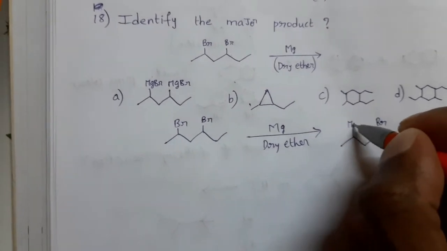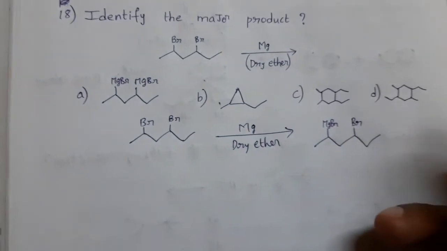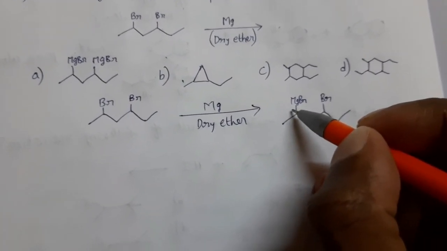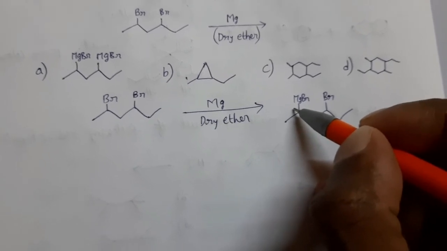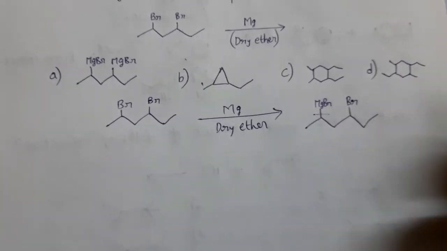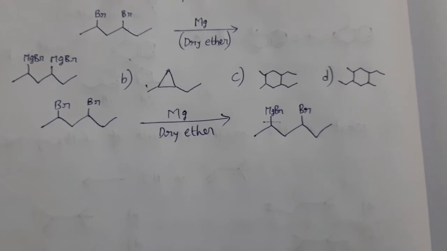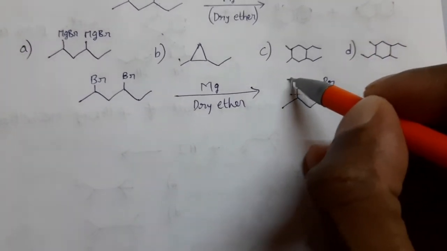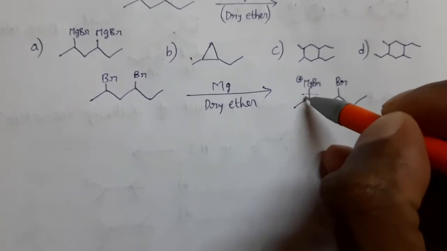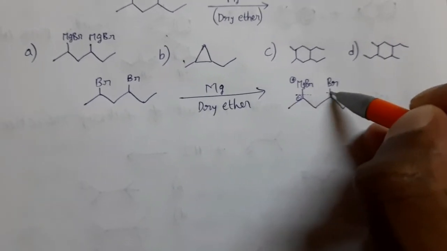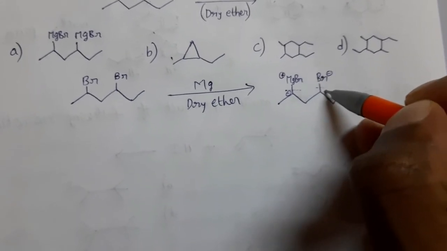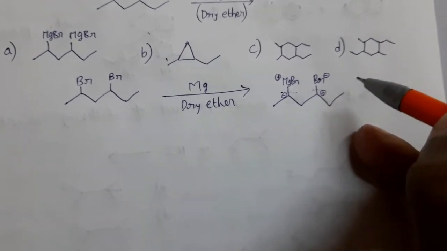Now the bond between carbon and magnesium is a polar covalent bond, and the polarity is high because the electronegativity difference between carbon and magnesium is large. Here bromine is more electronegative, so it acquires negative charge, and this carbon acquires positive charge.